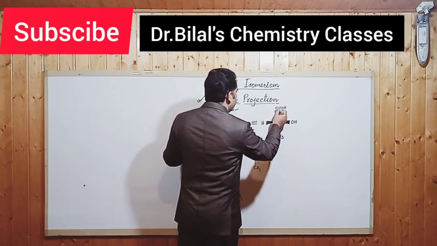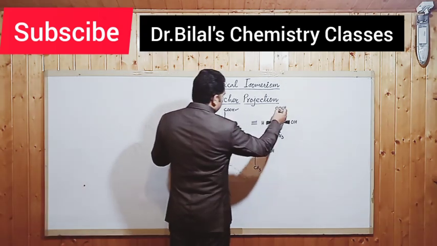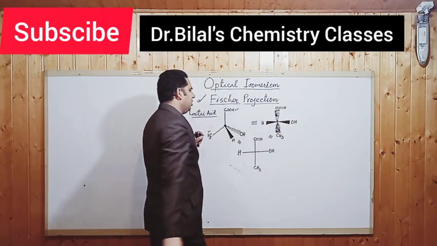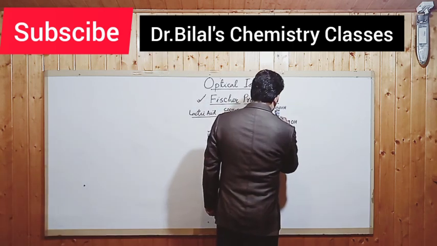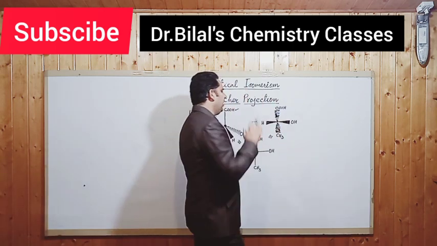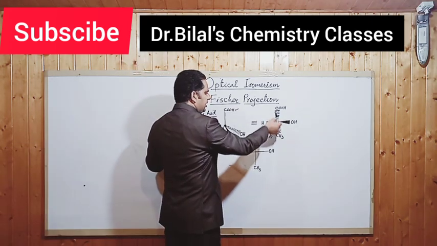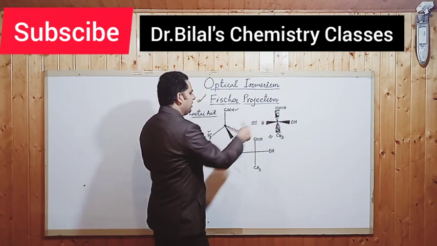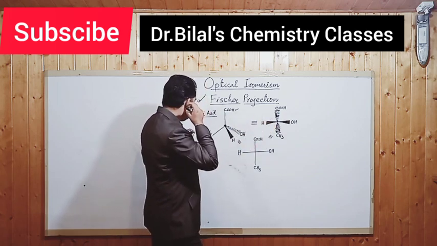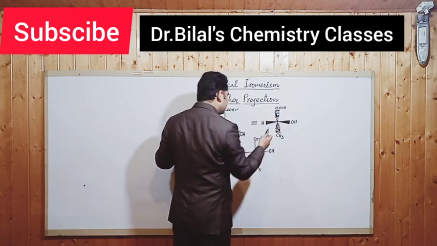Generally what we do, the higher priority group, which we will be discussing in a while, is written on the top, but there are certain instances where we can neglect that. Anyways, this is the structure which I have shown you. Then this structure can be converted now, because you don't need to show these wedges and dashes.